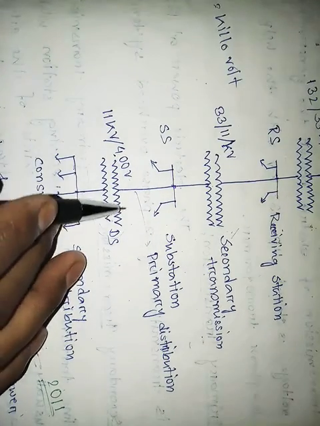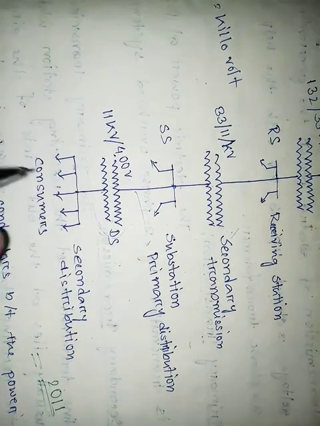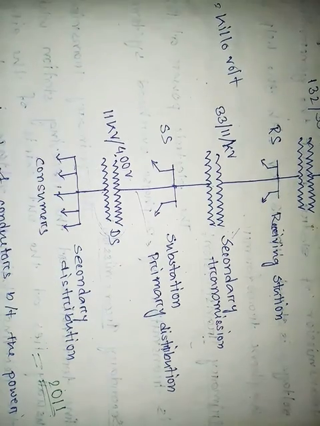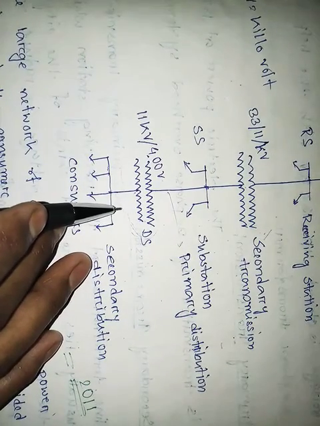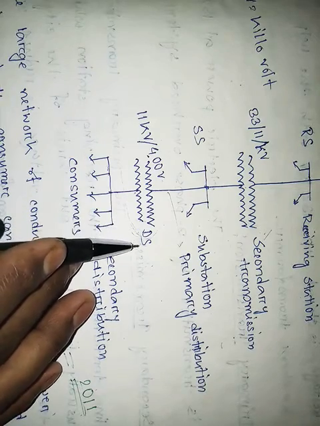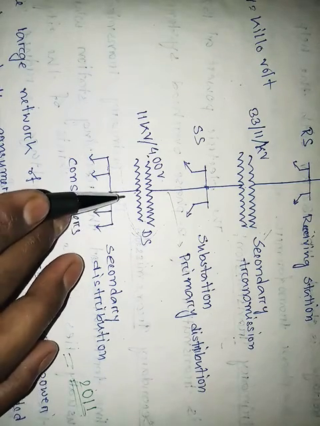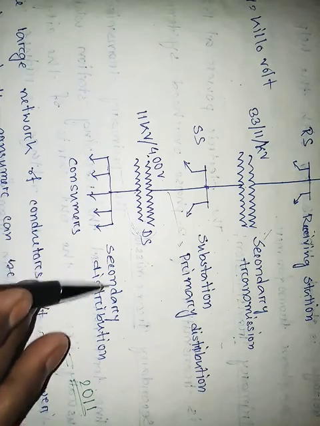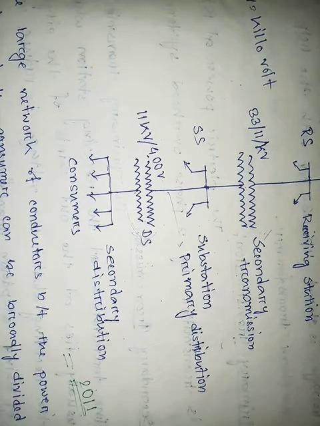After this transformer, it converts delta to star and also reduces the voltage, and this part is called the distribution station part. This section is called secondary distribution. Here 400 volt is used for a 3-phase 4-wire line, 4-wire due to the neutral connection.